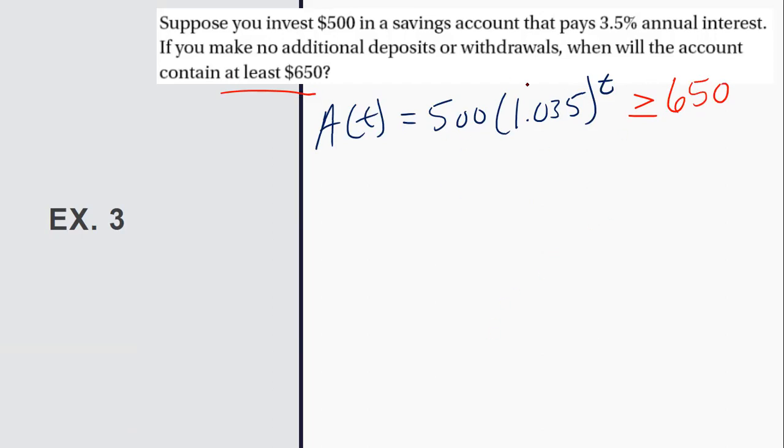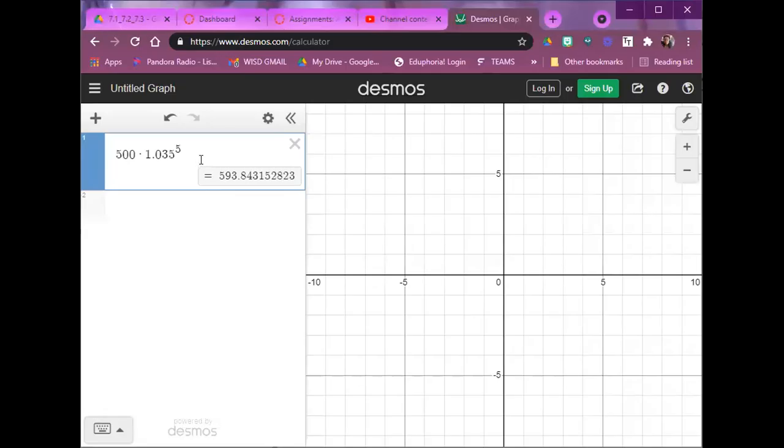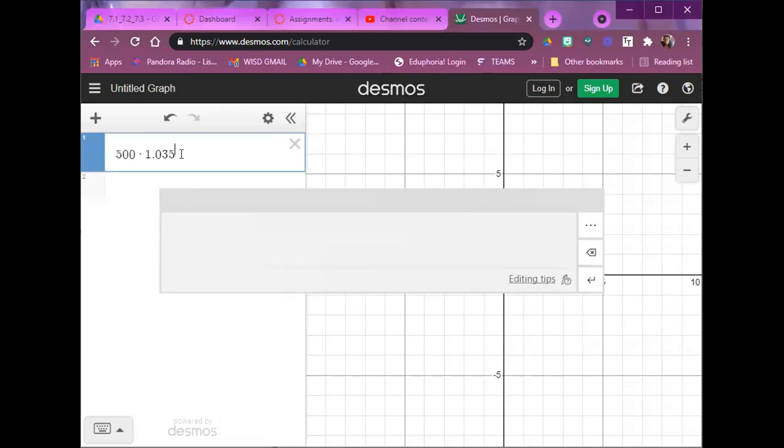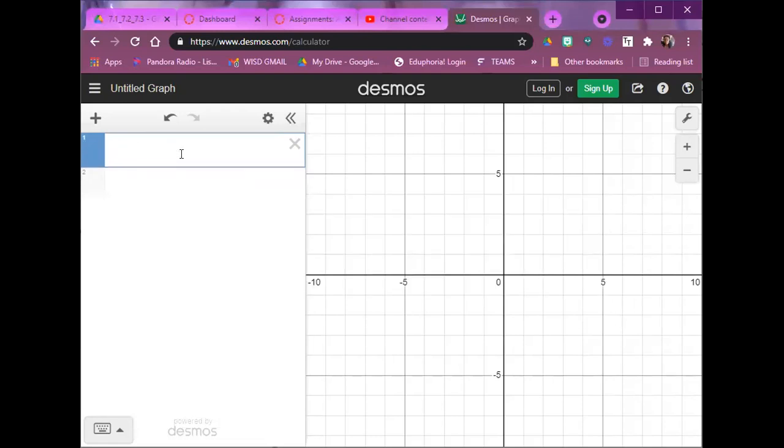Okay, so we're going to do this in the calculator, in Desmos. So I go to my calculator, and I'm going to put in the first part as a function.